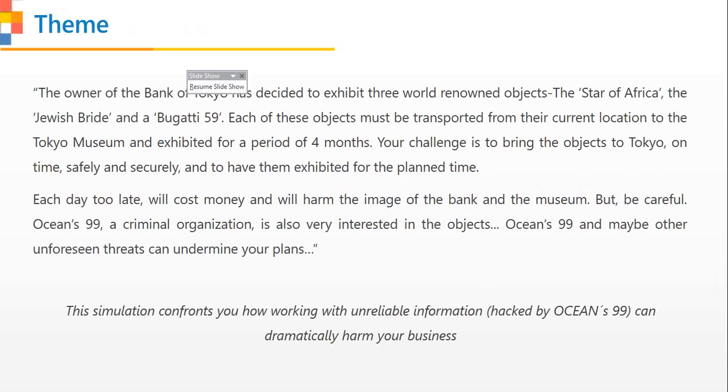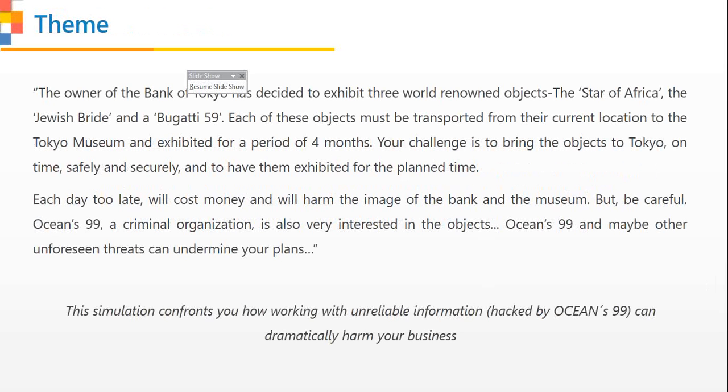Now, since this is a business case, the amount of time and the money which will be taken to put those objects into the Tokyo Museum is of essence, which means that any delay in time, or any extra money spent on transportation, damages the reputation of the bank as well as the museum.